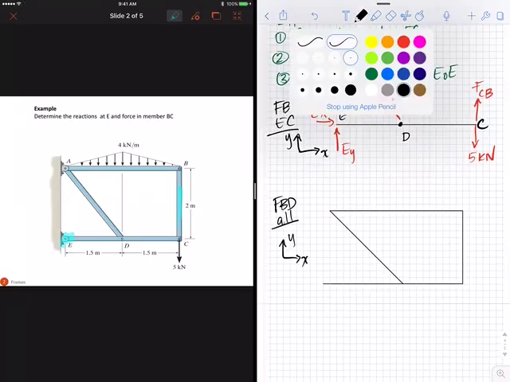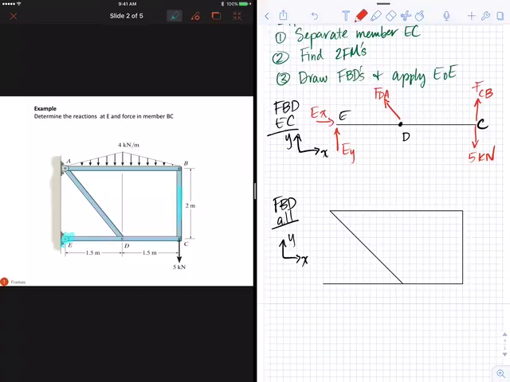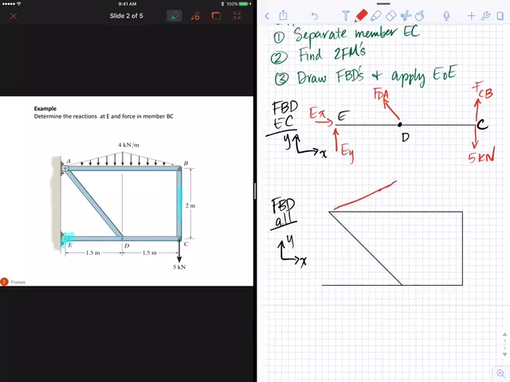Now what's happening here? Our external loads, coming a little bit more, so we've got this triangular load. And then at A, we're pin connected, so we're going to have AX and an AY. 5 kilonewtons external again, and then again the reactions at E, EX, and EY.